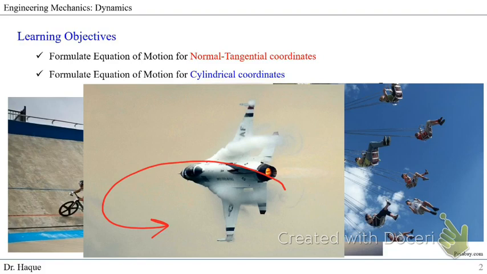So we're going to solve some problems. These are just some examples. It's easier if we use normal tangential components or cylindrical coordinates.